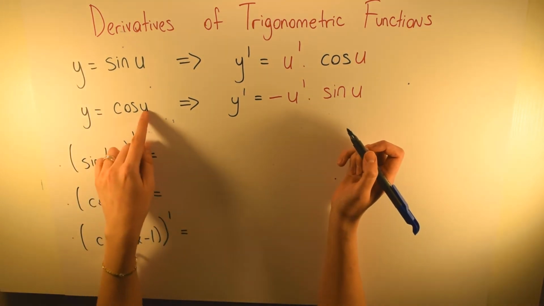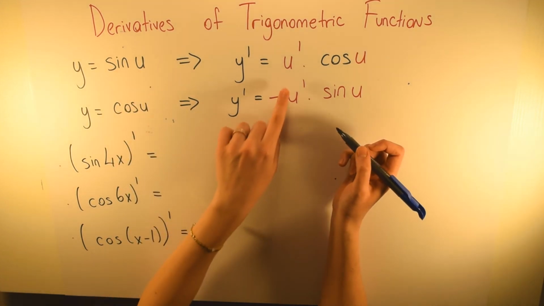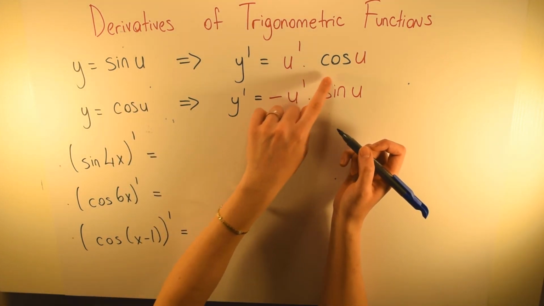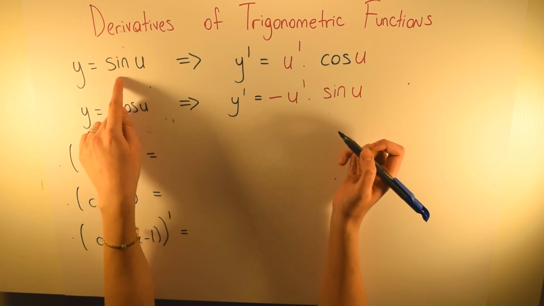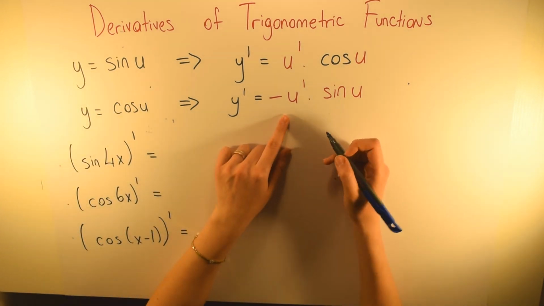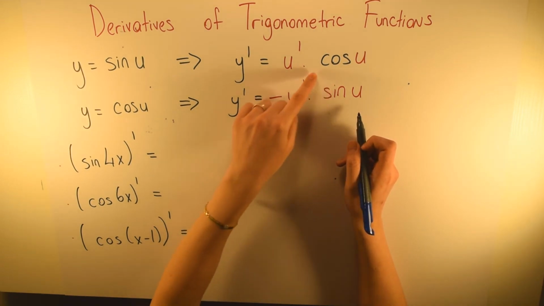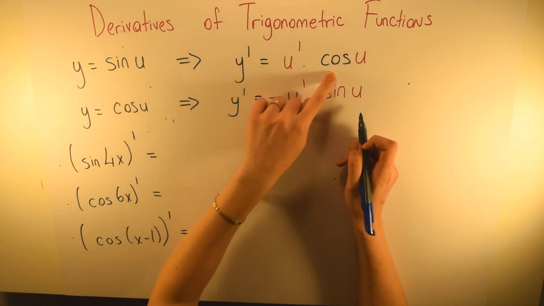So here you take the derivative of the function inside also, and then you multiply this by cosine u when you take the derivative of sine. Okay, so here the derivative of cosine is minus sine, the derivative of sine is cosine.